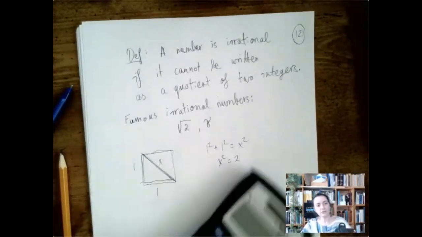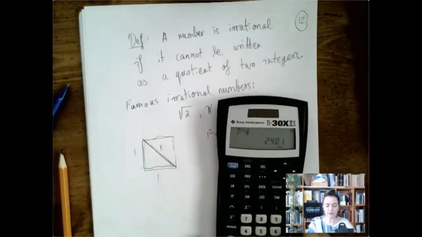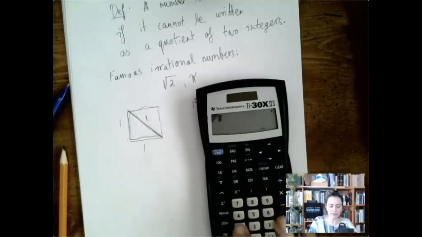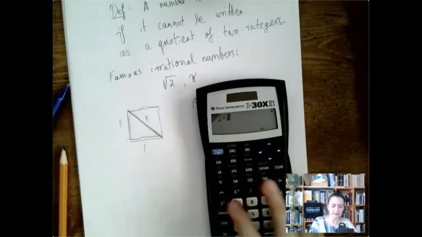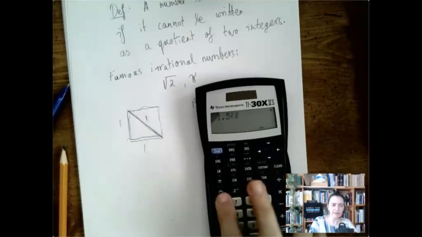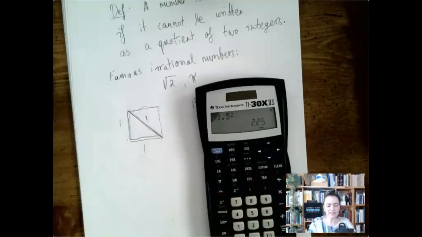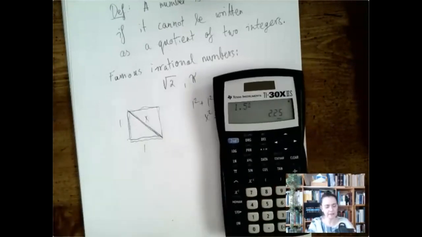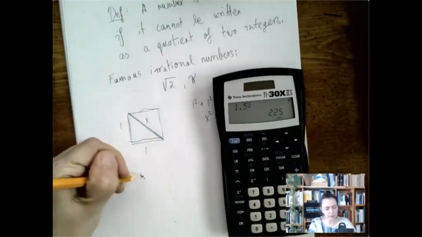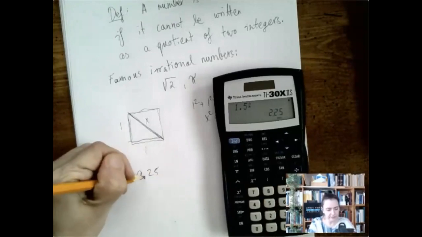And you can do some funny stuff. You can get close with the calculator, like, okay, 1 squared is not enough, and 2 squared is clearly too much. What about 1.5? If I square 1.5, it's more than 2, right? 1.5 squared is 2.25.